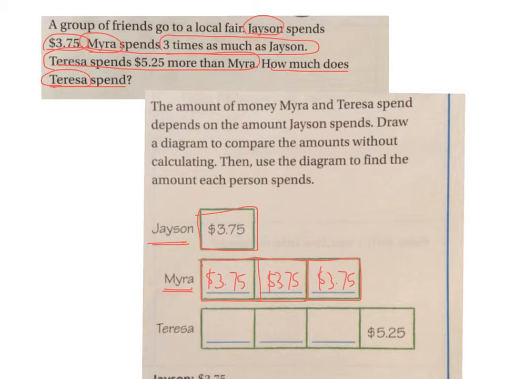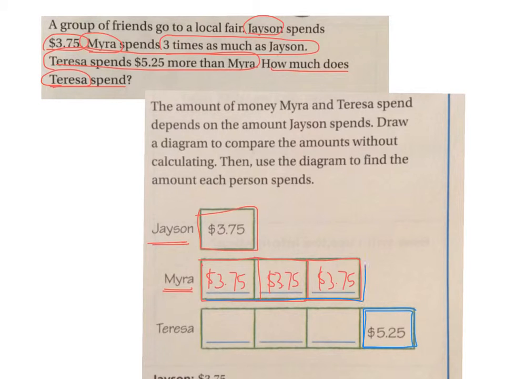How much did Teresa spend compared to Myra, Adam? Yeah, so she spent $5.25 extra. That's why there's this $5.25 rectangle here, more than Myra.